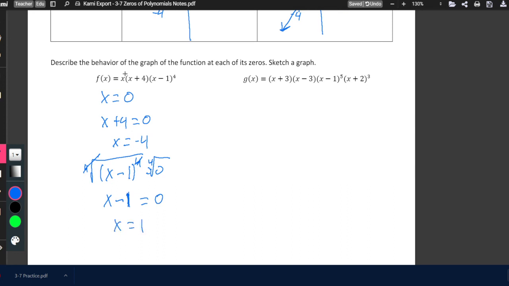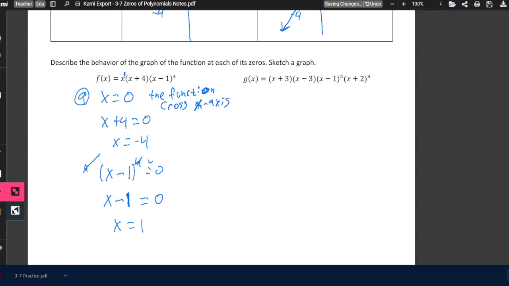So, as you can see, our first one has a degree of 1. That means it's odd. So at x equals 0, the function crosses the x-axis. So this is a root.